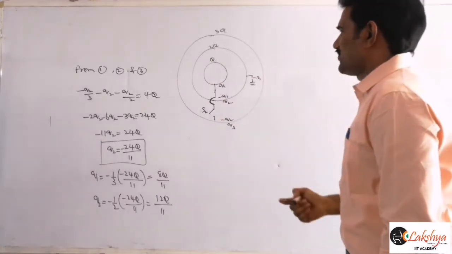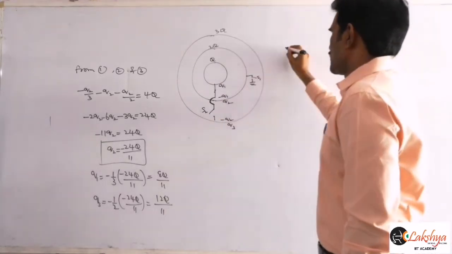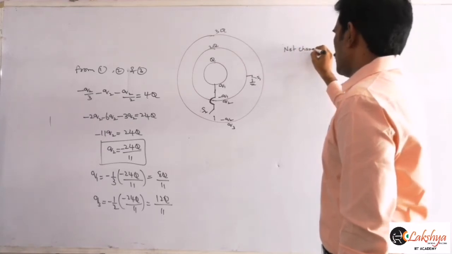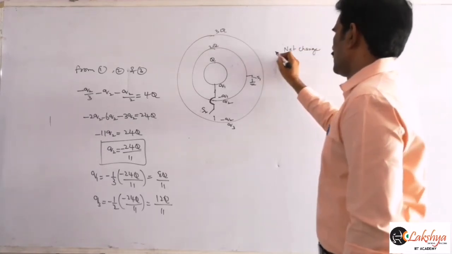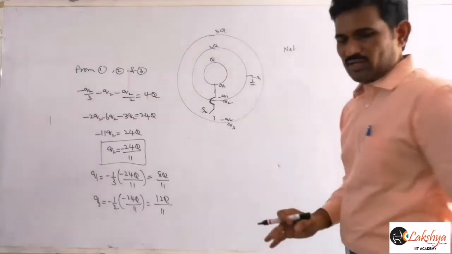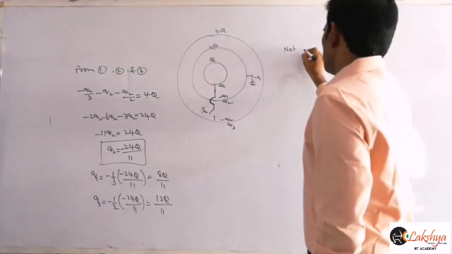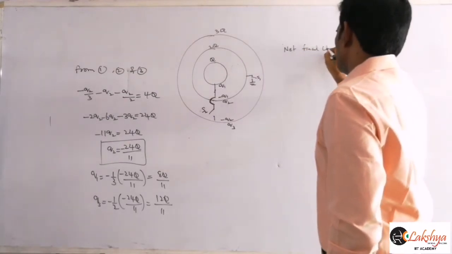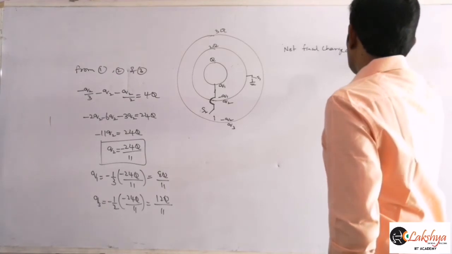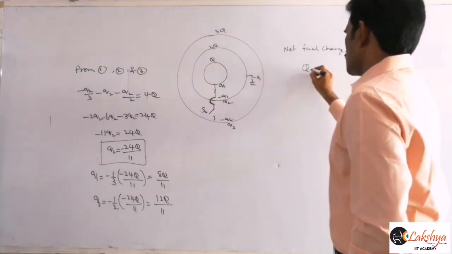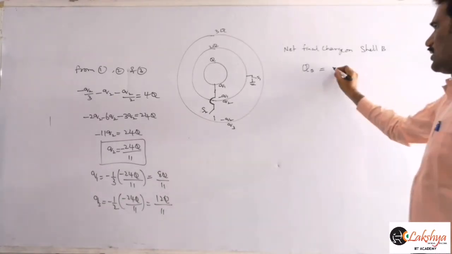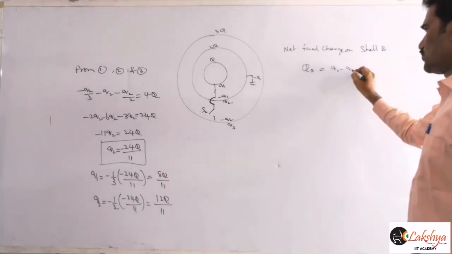Now let us identify the net final charge present on it. So the final charge on shell B, QB, is equal to Q2 minus Q1, right?